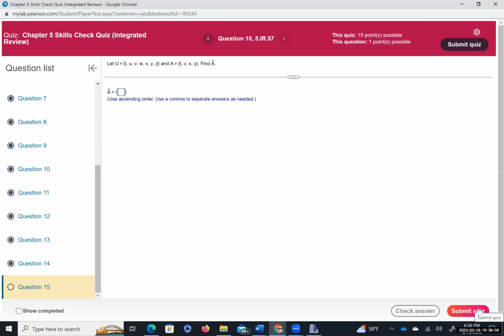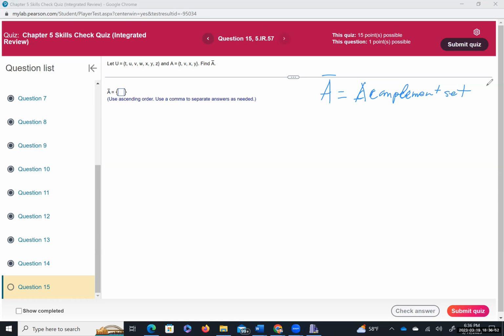Okay, so this is a set problem again. Keep in mind that A with the bar on it is A complement set, right?